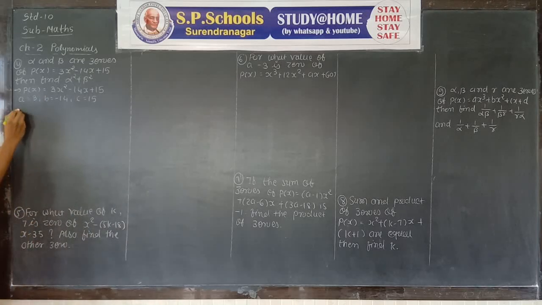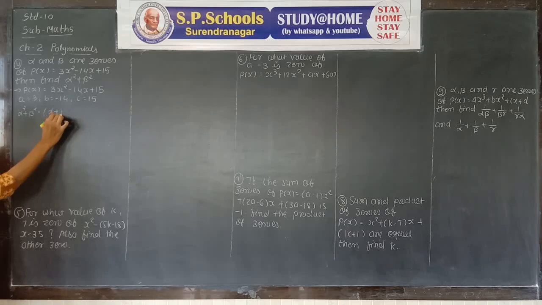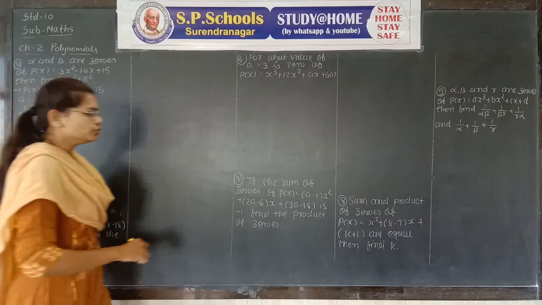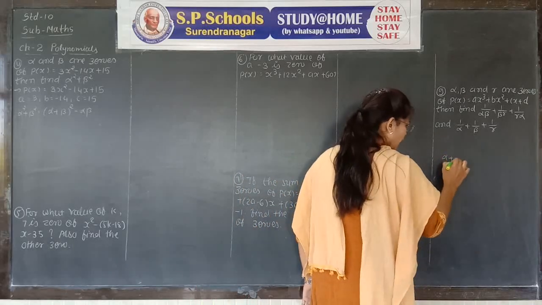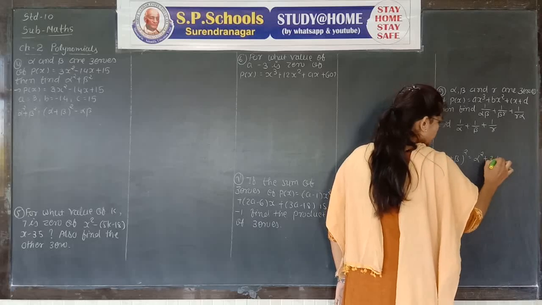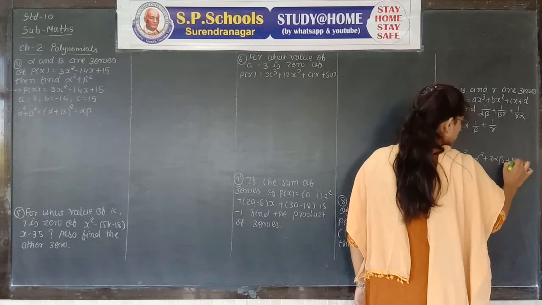For that, alpha square plus beta square is equal to alpha plus beta whole square minus 2 alpha into beta. From the alpha plus beta whole square, we get alpha square plus 2 alpha beta plus beta square.